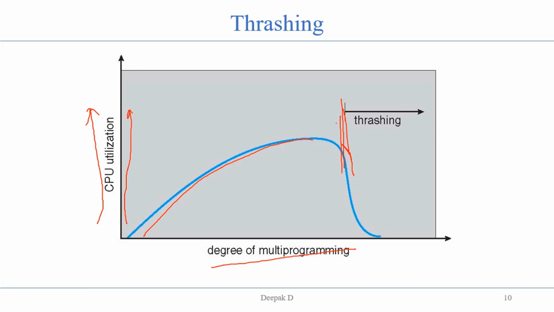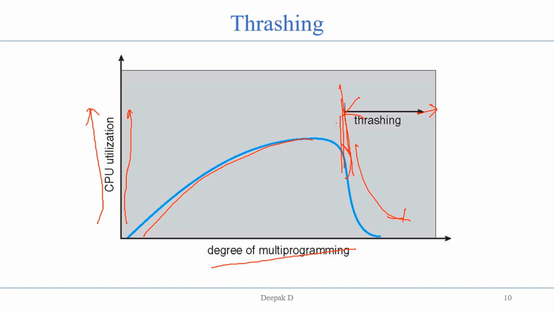At a certain point, even if you increase the degree of multi-programming, the CPU is not utilized properly and the utilization keeps on decreasing, which means thrashing has been introduced now.